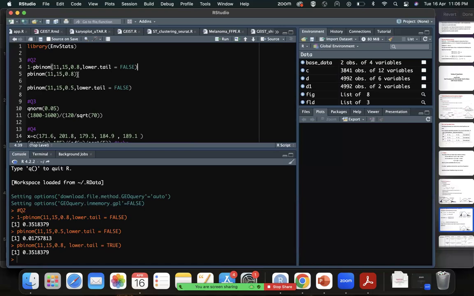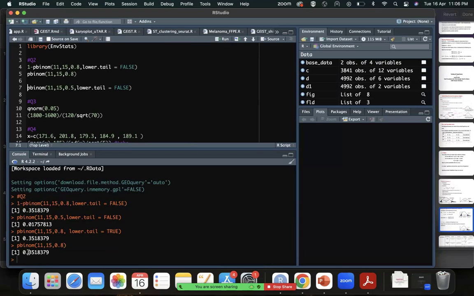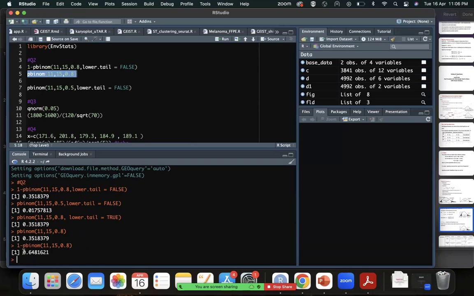We can check that as well. Here, if you do lower.tail equal to TRUE, you get 0.35. If you do the same thing, 1 minus this with lower.tail TRUE, you'll get a different answer. So you have to write lower.tail FALSE here if you write 1 minus pbinom.